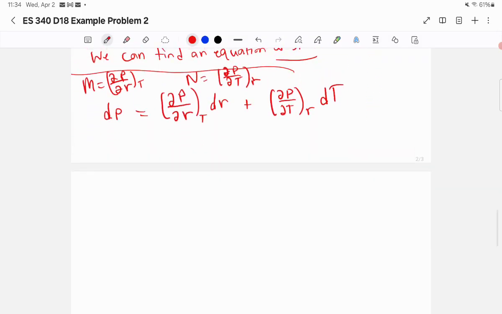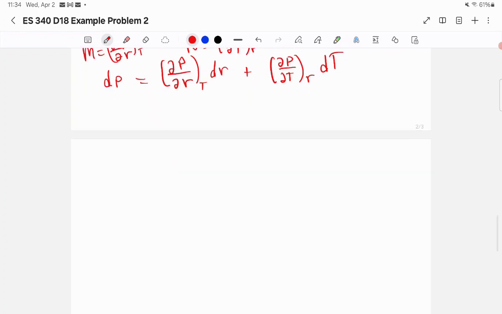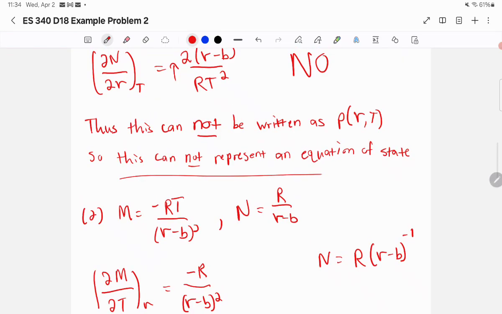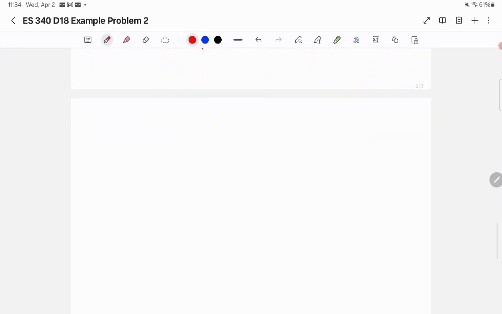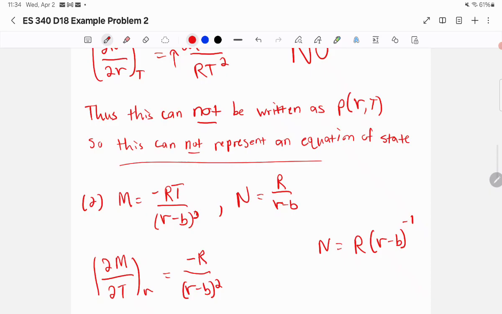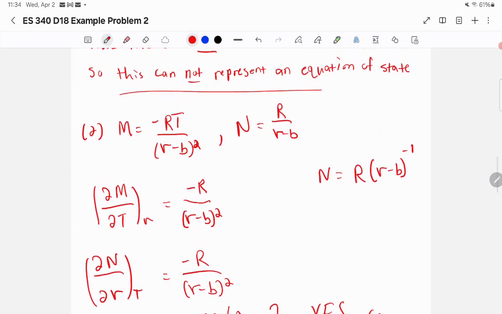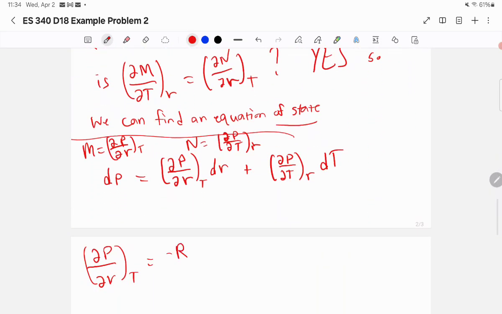Okay, and going off of what we saw before, we knew that M up here was equal to minus RT over (V minus b) squared. So that means dP/dV holding T constant must be equal to minus RT over (V minus b) squared.